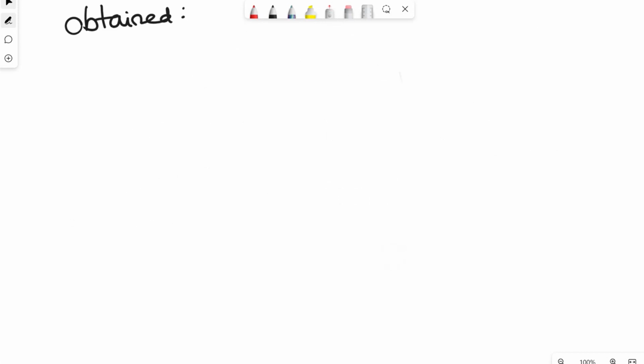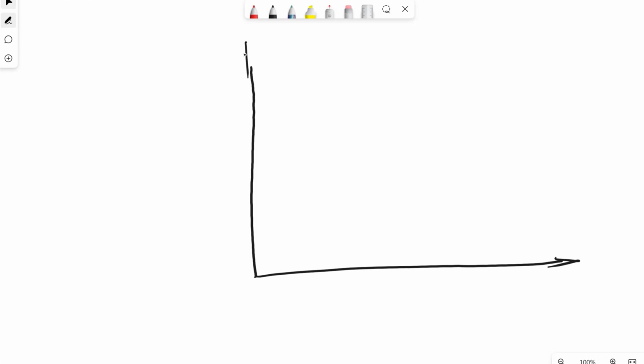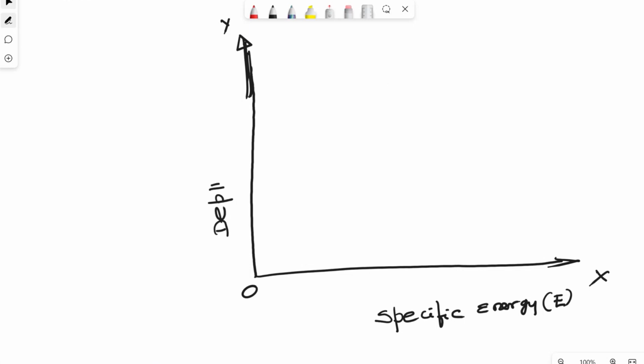What I will write here, listen carefully. Suppose I take the x-axis and y-axis. On the x-axis, we are taking specific energy E. On the y-axis, we are taking depth of flow, y.